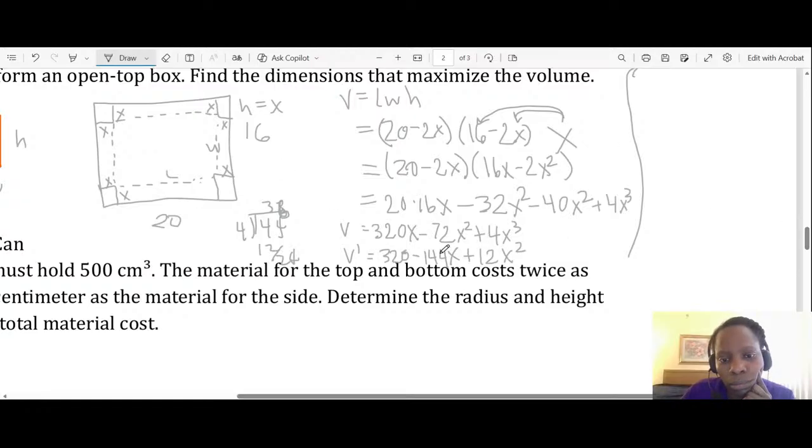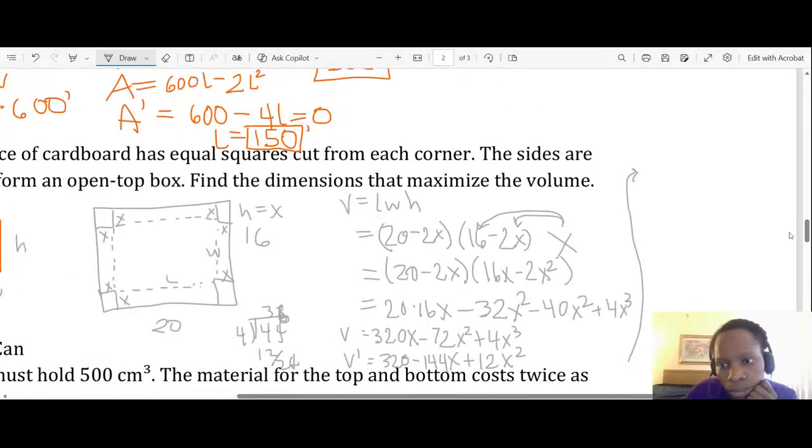Okay. So it was 80, 36, and 3. Okay, so 0 equals 80 minus 36x plus 3x squared.